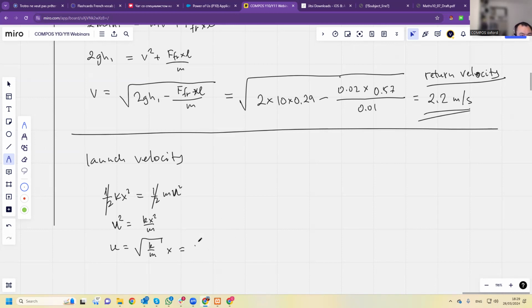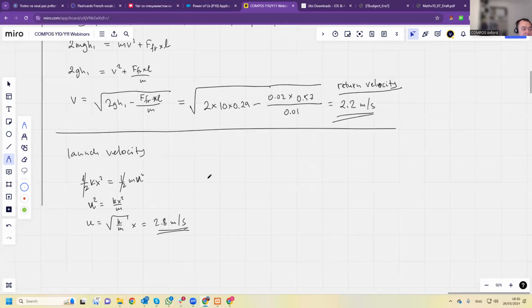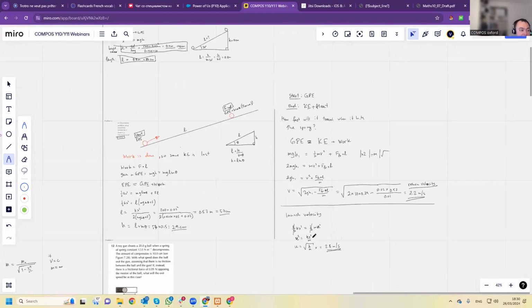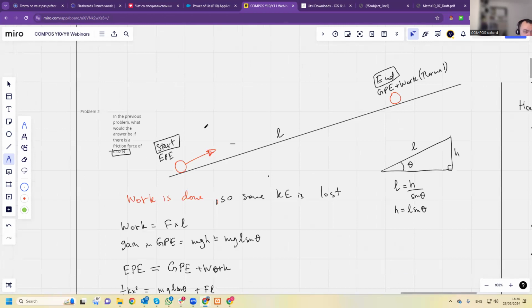So it's going to be 2.8 meters per second. So as you can see, the return velocity is not the same as the launch velocity. So it launches at 2.8 meters per second, and it comes back down at 2.2 meters per second because some of the energy is dissipated as heat.